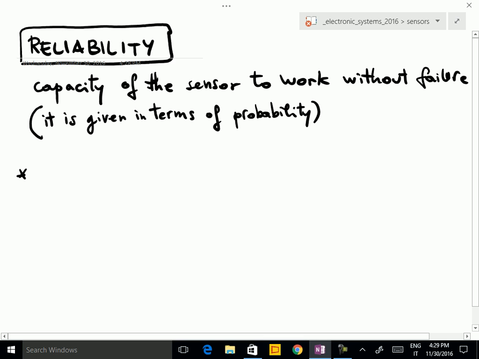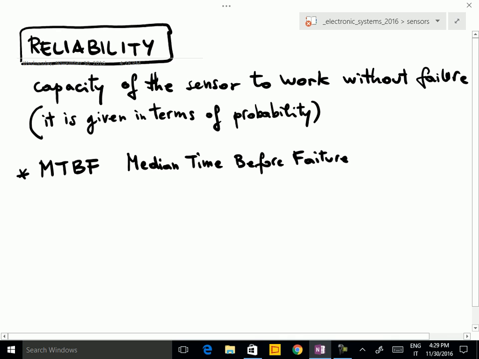And the most common statistical quantities are the MTBF, which means mean time before failure, and typically this is given at the max operating temperature.